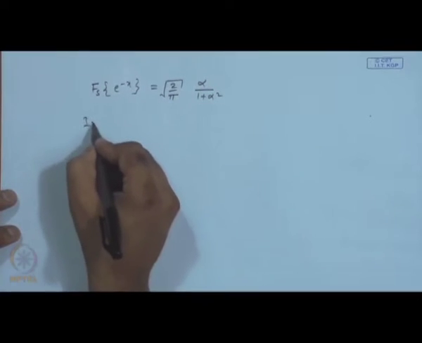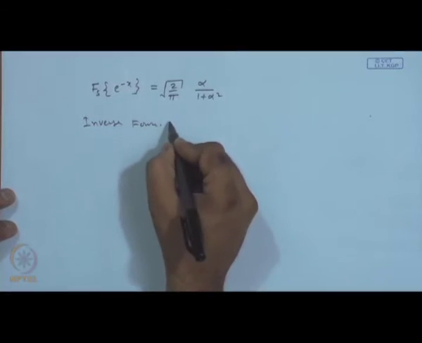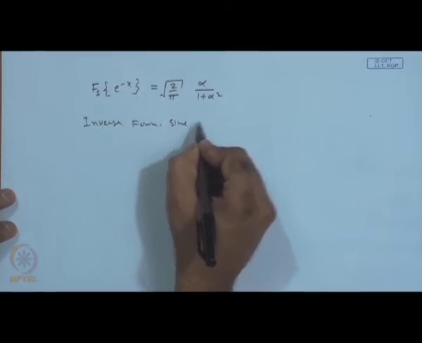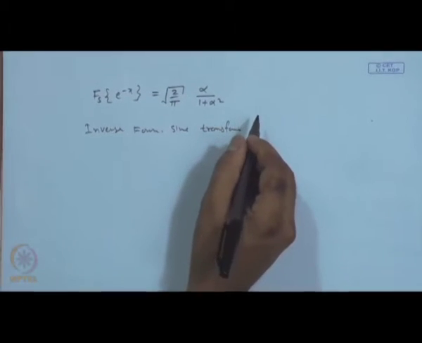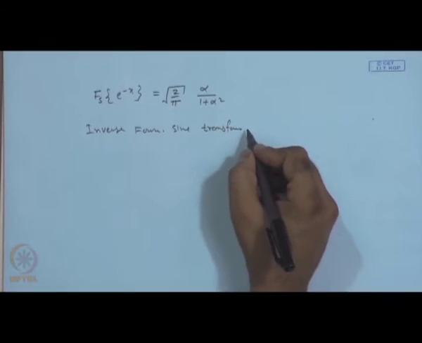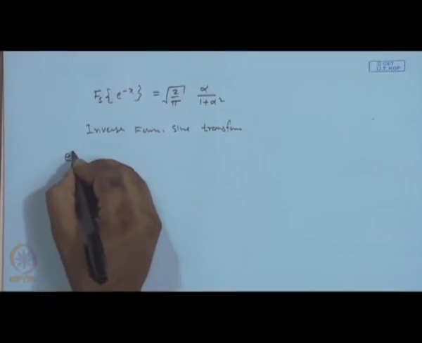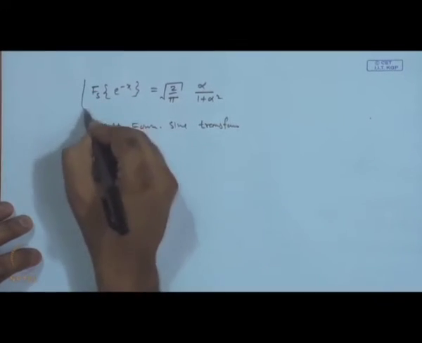And now we take the inverse Fourier sine transform. So we will get e to the minus x, and that was our f(x). So the first part is over.